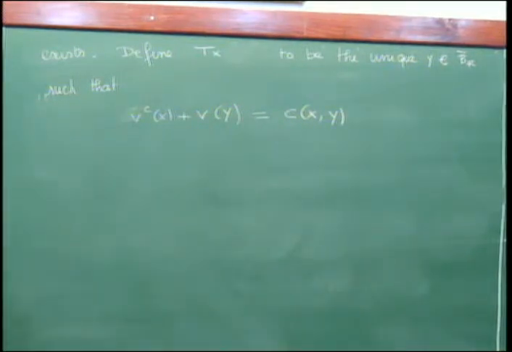Okay, so I just wrote before that at the points where we have differentiability, we have a unique minimizer. And I can give a name to that minimizer.